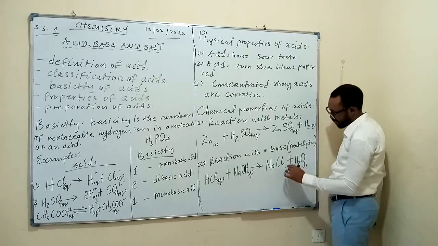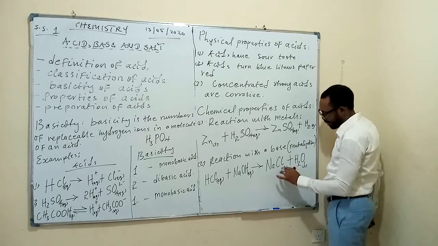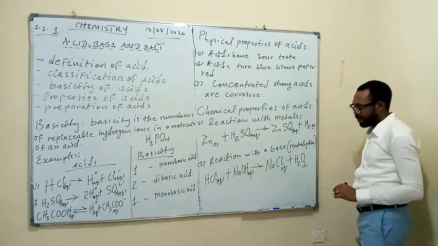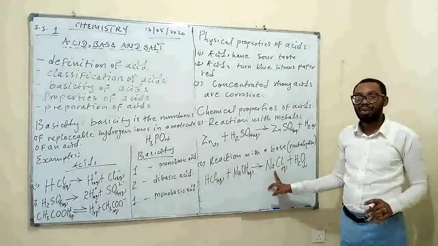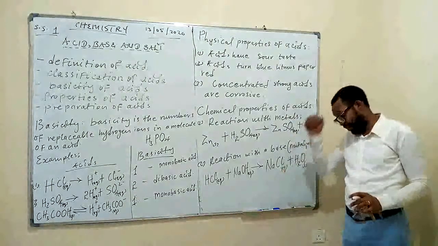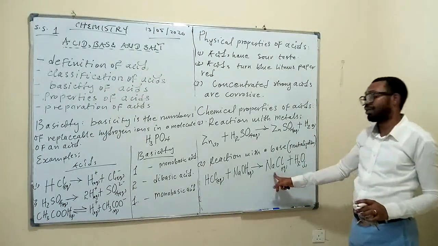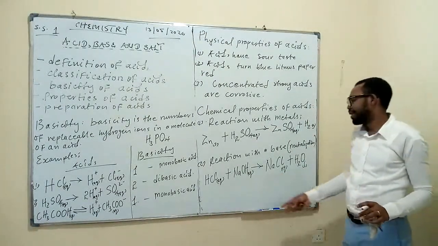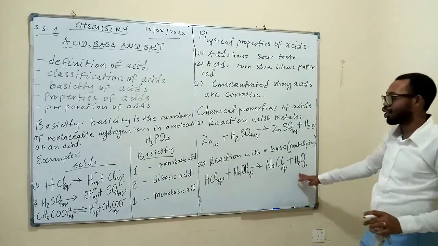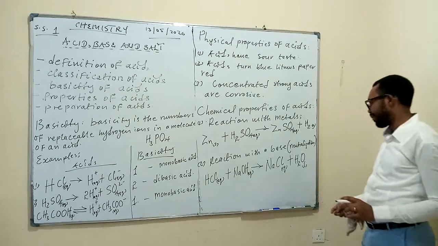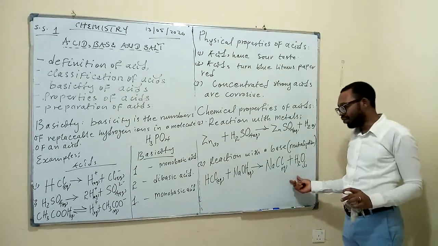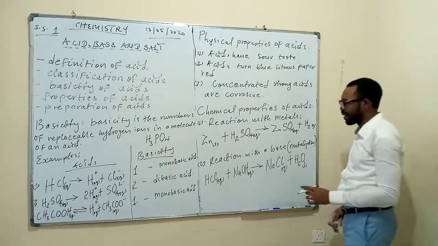This is in liquid, this is in aqueous. Is that clear? Now this is the normal salt you use in the kitchen or at home in preparing meals or food. So this is a typical neutralization reaction. An acid reacts with base to form salt and water. That's neutralization reaction.